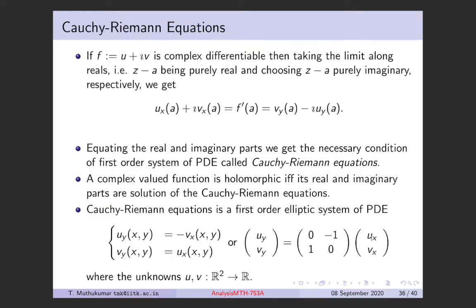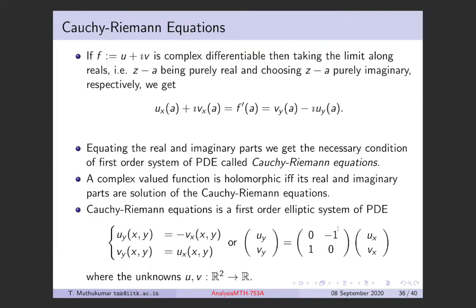Okay. And what is this matrix? This matrix, you can see, is actually the rotation matrix. This is the matrix which rotates a vector by 90 degrees, pi by 2. In fact, in the previous lecture we associated every complex number with rotation matrices.